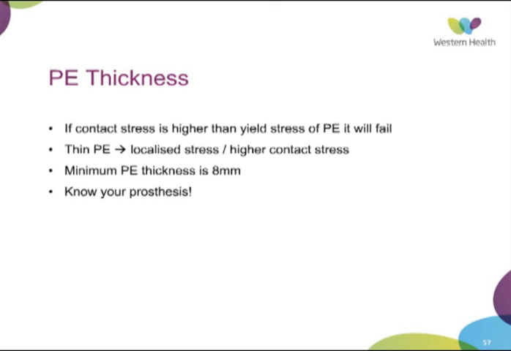And it's shown that a minimum polyethylene thickness should be at least 8 millimeters. Now, we need to be careful with this. We need to understand what the implant companies are talking about when we're talking about a 10 millimeter polyethylene insert, because a lot of times this actually means the base plate as well as the polyethylene, and not just the polyethylene alone.